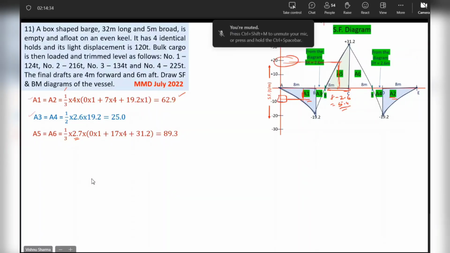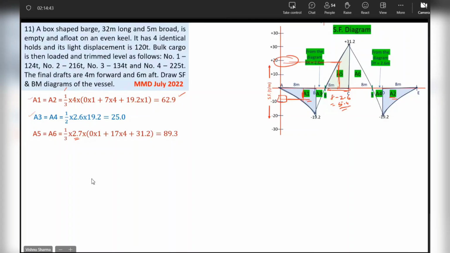Okay. And I got these areas 89.3. Now getting these areas will be a challenge for you, I can tell you upfront. And that's why I digitized it, because otherwise it will unnecessarily lead to confusion. At least now you know the sequence of things that has happened.